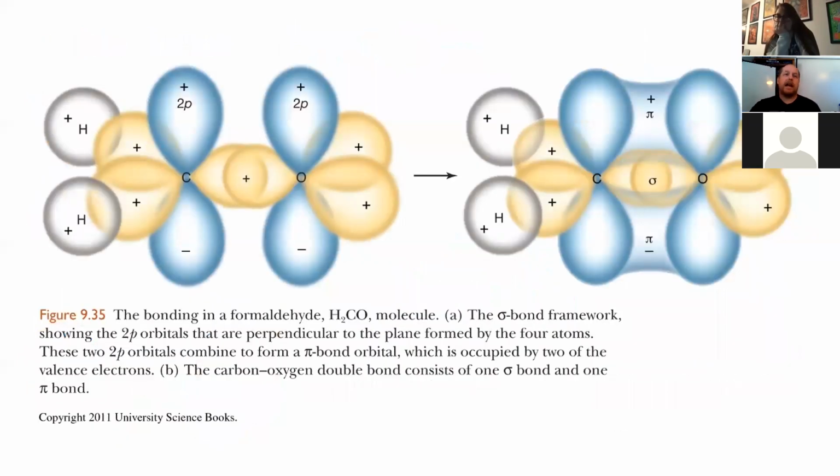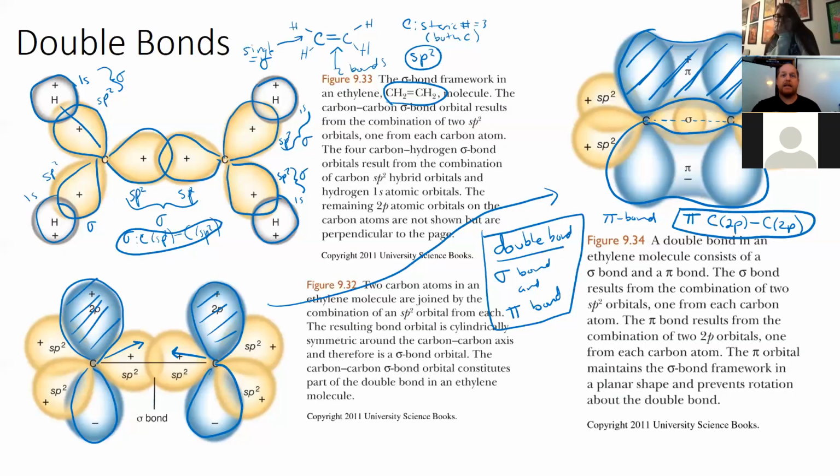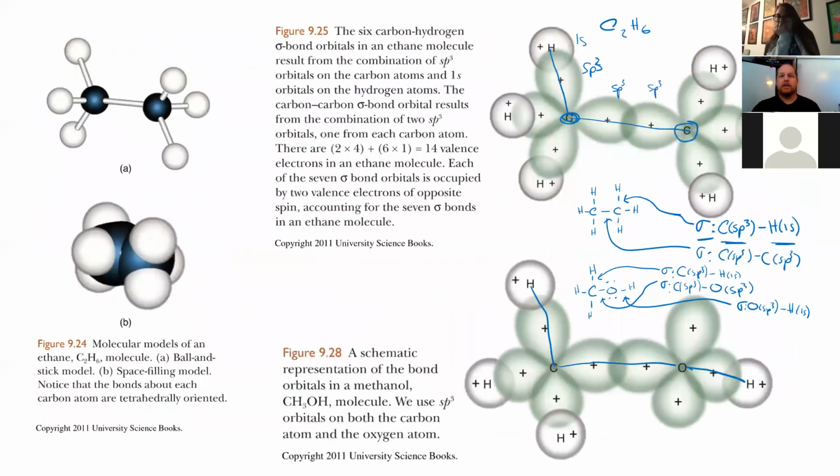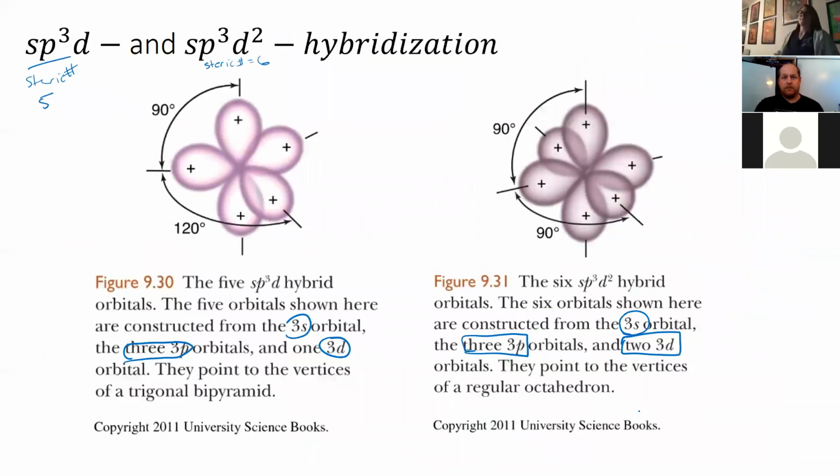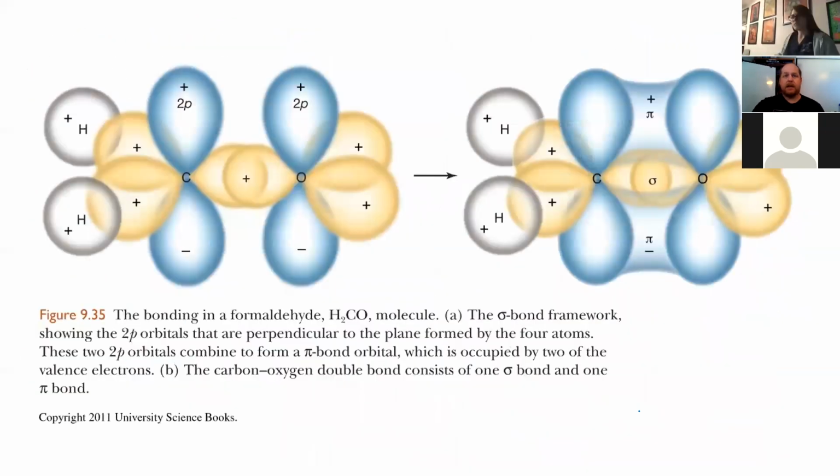And so if you were to look at the bonding in something like formaldehyde, we looked at sp2 before. This was methanol, which is CH3OH. If we now look at the bonding in formaldehyde, which is CH2O, it has a Lewis structure like this.